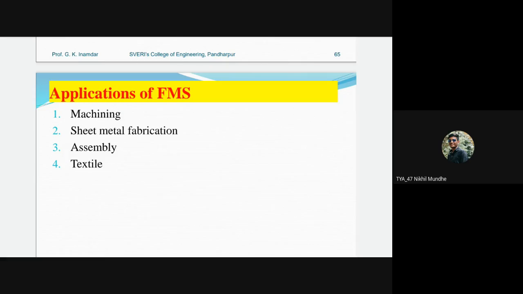They have implemented the whole flexible manufacturing system. If you get the time, you can visit them, those who are in the Solapur area, near Yamadichi, in Temburni. This is very important.